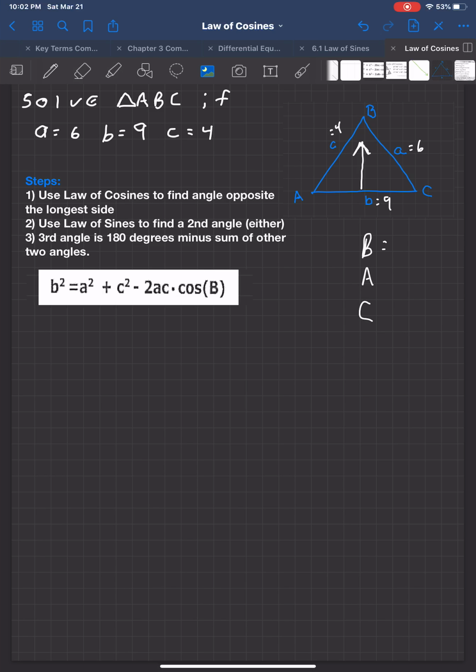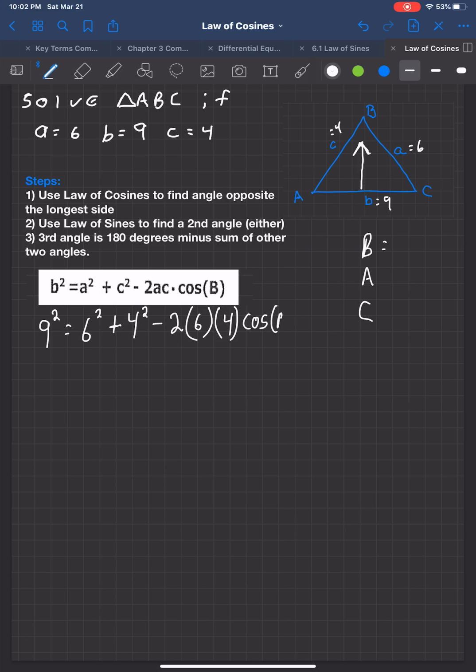Ready? And let's start plugging in information. So B squared, so this is going to be 9 squared is equal to 6 squared plus 4 squared minus 2 times A, which is 6, times C, which is 4, times cosine of B, which is what I want.